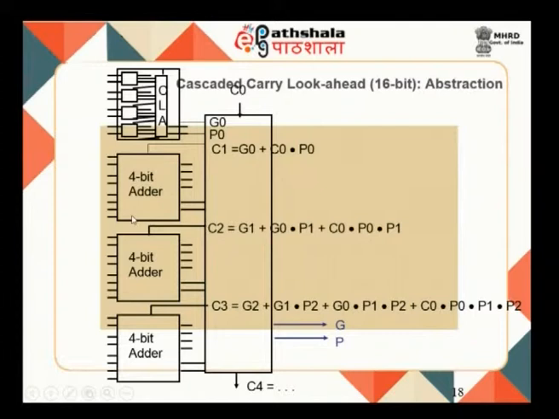So, this is a 4-bit adder. At every stage when you want a carry generated out of this block of 4-bit addition, either this generated it, that is the generate function for this block, or this block generated it and this block propagated it, or this block generated it and these 2 blocks propagated it, or this block generated it and these 3 blocks propagated it, or it was just the input carry being propagated by all the 3 blocks.